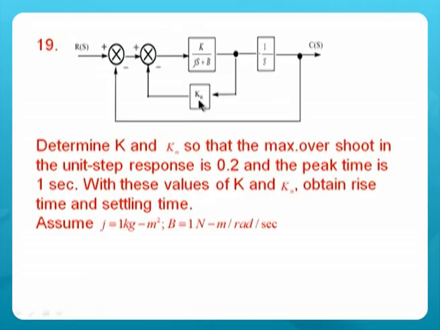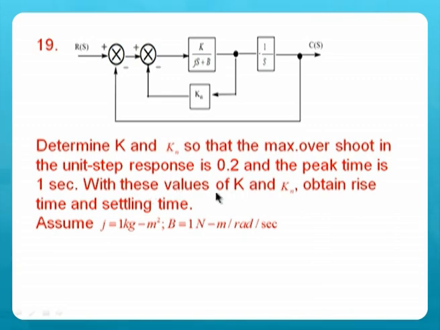This is another problem of a mechanical rotational system. The block diagram form is represented, and you are asked to calculate the constants k and kn so that the maximum overshoot, meaning peak overshoot, in the unit step response is 0.2 and the peak time is 1 second. So that peak overshoot is appearing at Tp equal to 1 second.